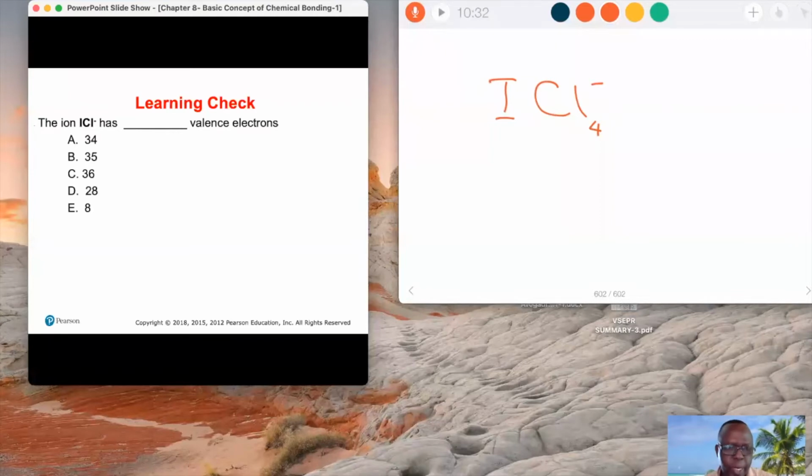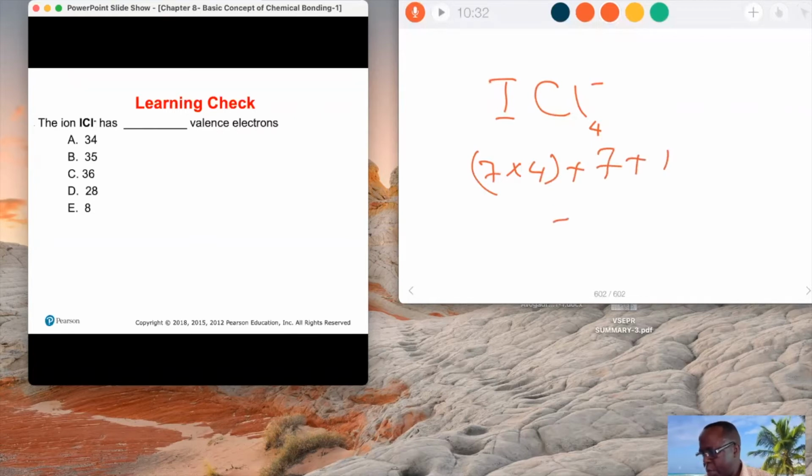Last time we ended up with 15 because of group 7: 7 plus 1 for an overall charge of negative 1. But there should have been a subscript 4. In this case, 7 times 4, plus 7, plus 1, which is 36. The correct answer was supposed to be C.